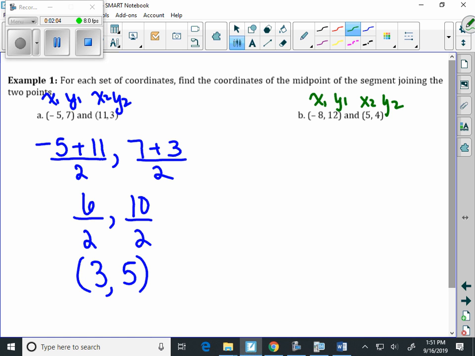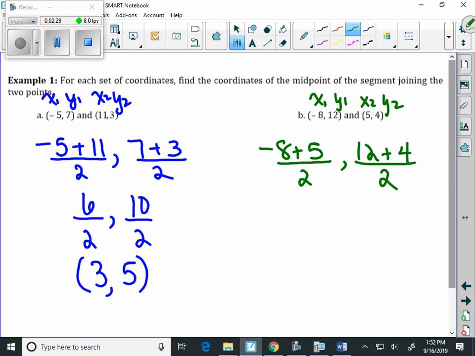By the way, it doesn't matter if you label x1, y1, x2, y2. You could make -8 x2 and 12 y2. You just have to be consistent here. But ultimately what the midpoint formula says is that you add the 2 x values, divide by 2, and we add the 2 y values, and we divide by 2.